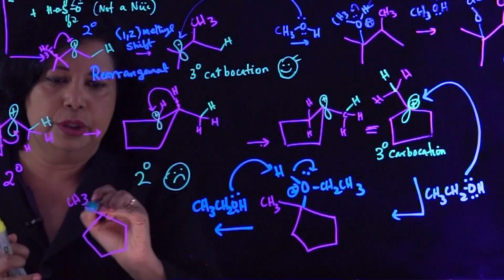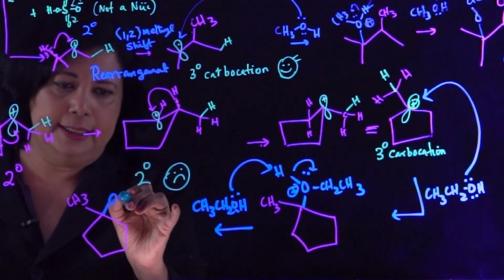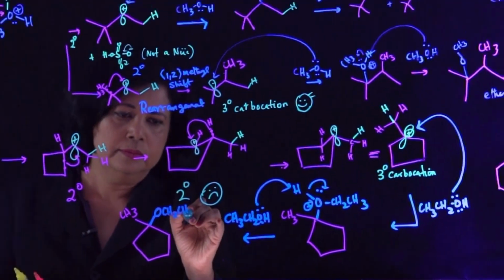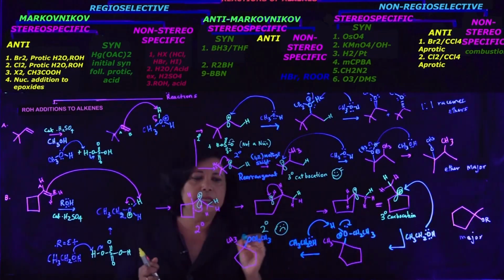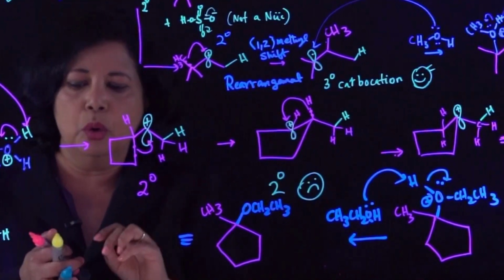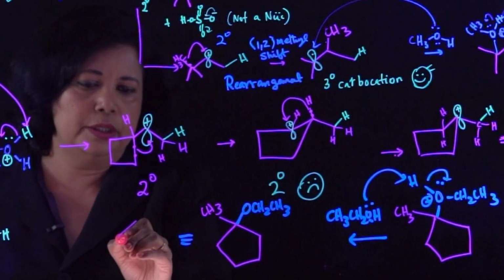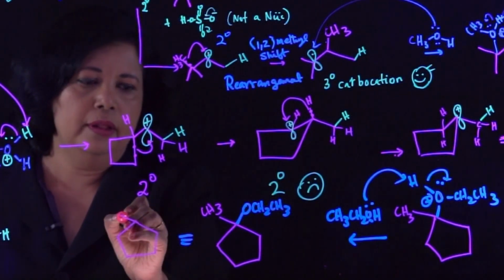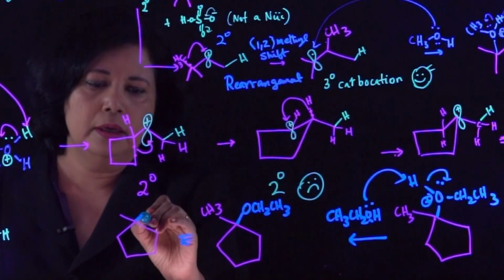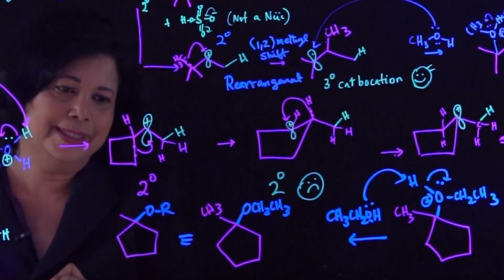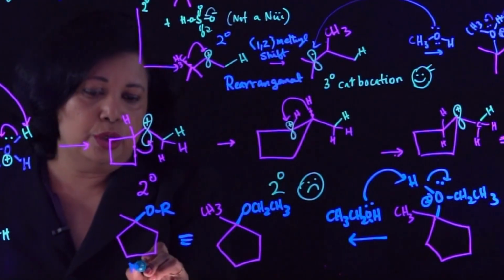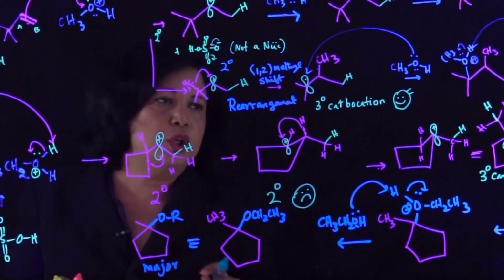So here is your OEt. This is the same thing that I have written here as an OR group. So here is your methyl OR. This is your major. Now, what is your minor?